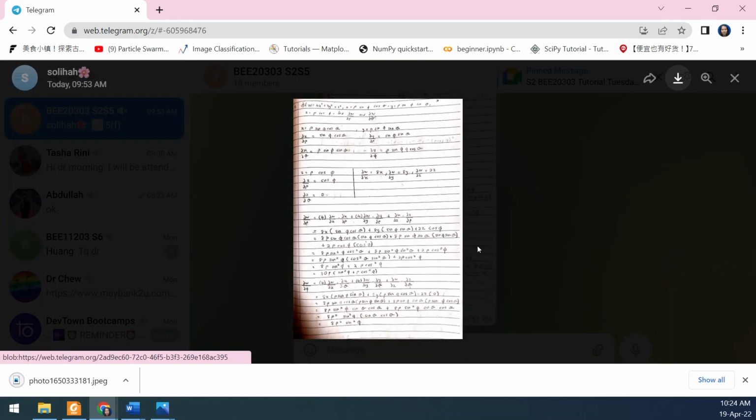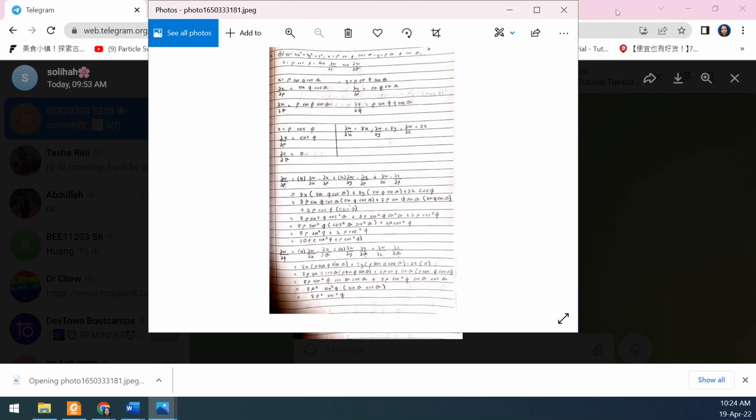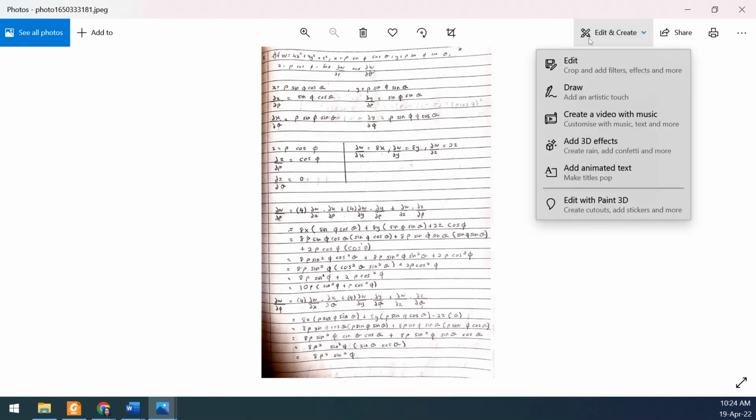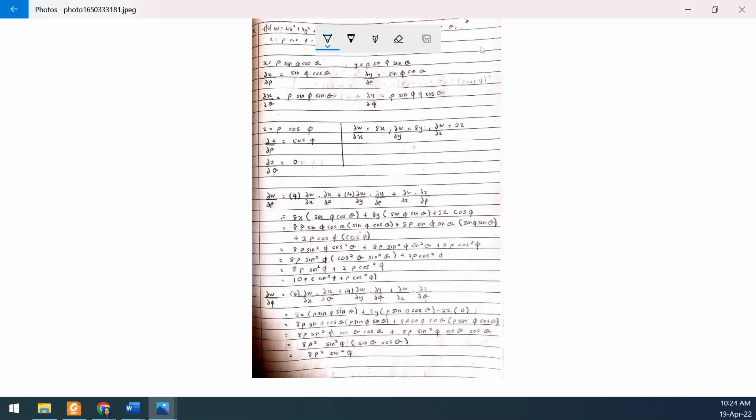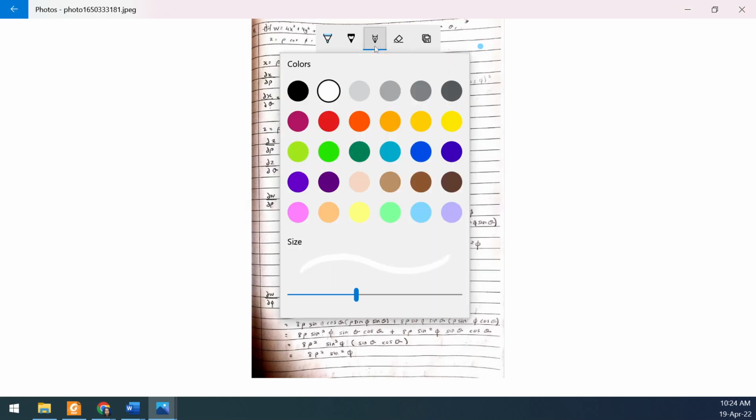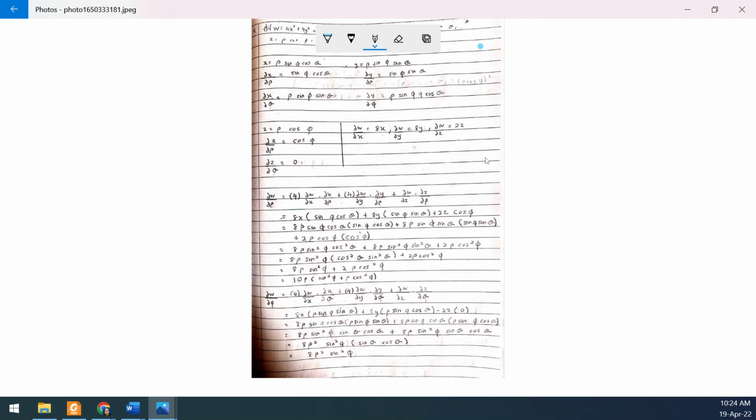Soliha. Okay, this one W is 4x squared plus 4y squared plus z squared. And then x is rho sin phi cos theta.